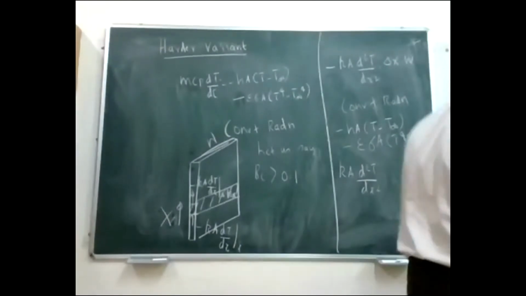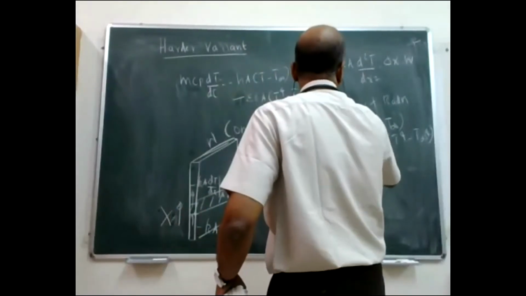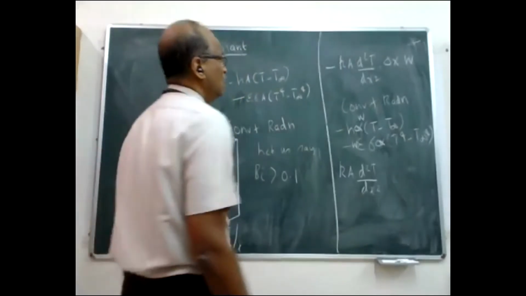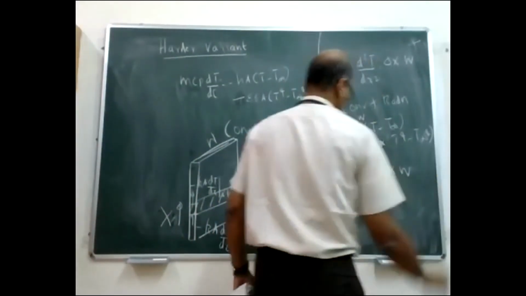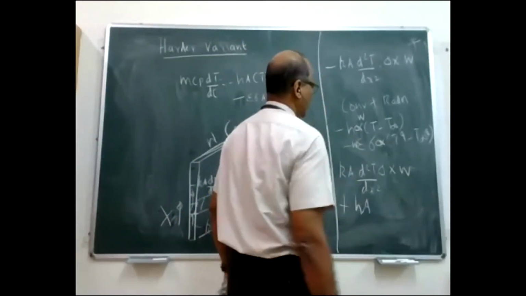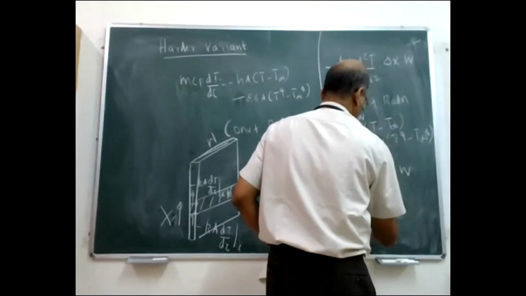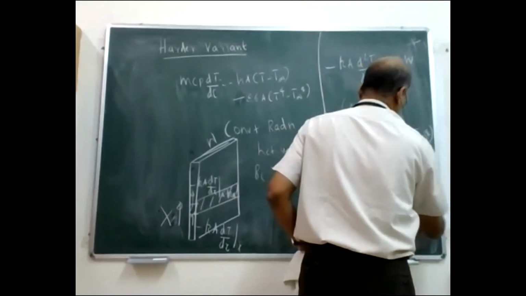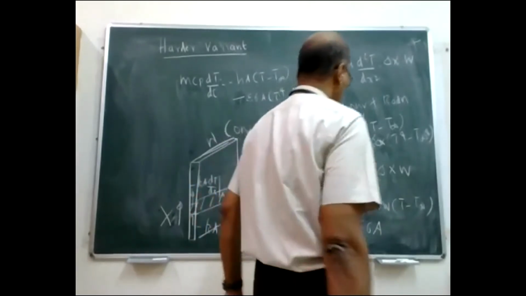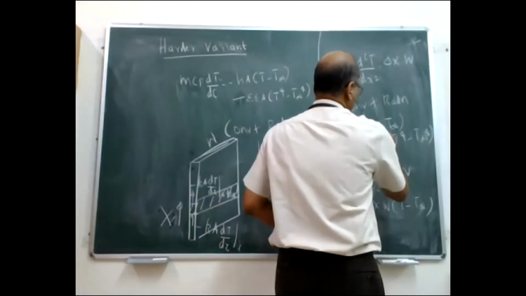Now I have to be very careful about this A. So the A will be equal to delta x into W, into plus H. Net is minus epsilon sigma delta x.